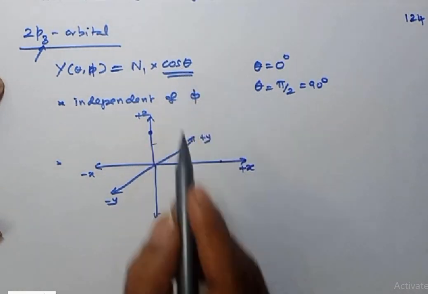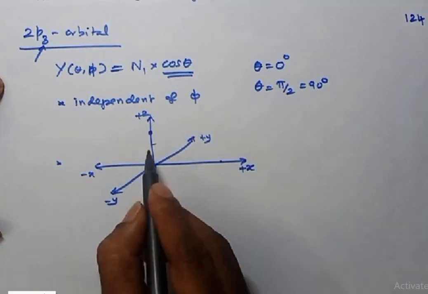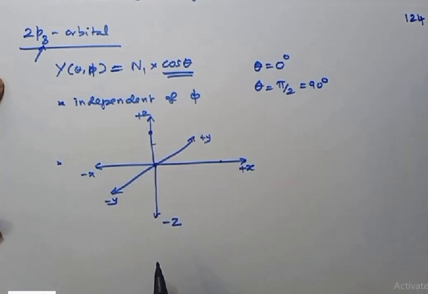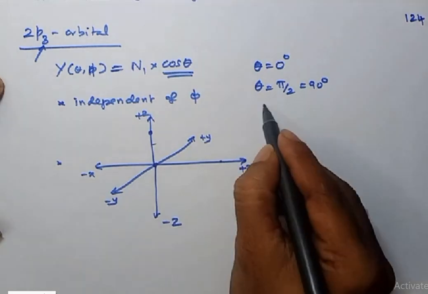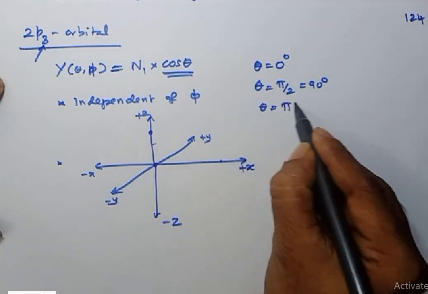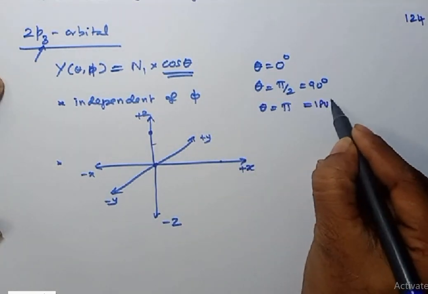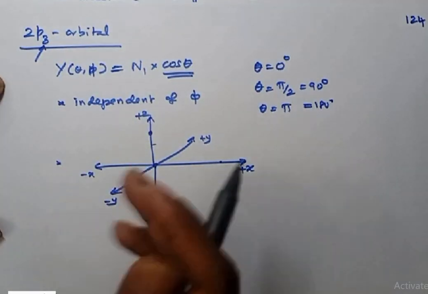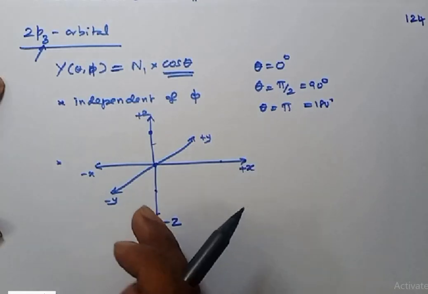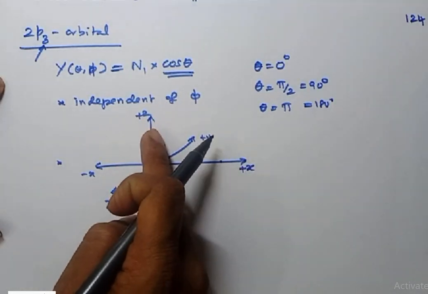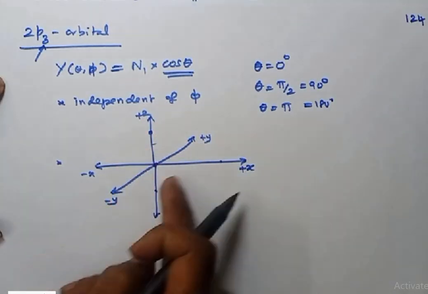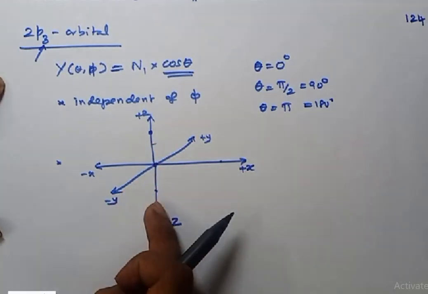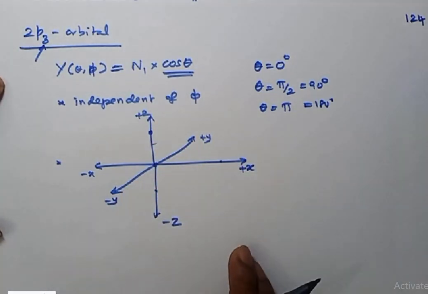Cos 90 is 0, so the wave function becomes 0. Then if you put theta equal to pi, that is 180 degrees, it means the function along the minus z axis. Along plus z it is maximum, in the xy plane at 90 degrees it is 0, and minus z is at 180 degrees.